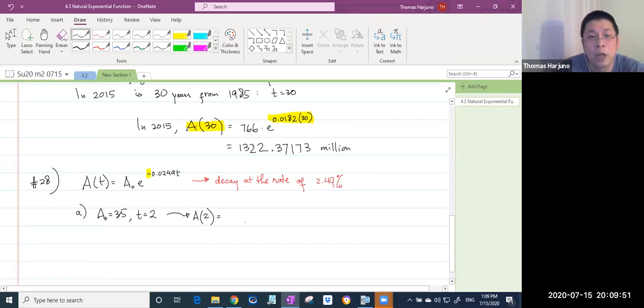Okay, so that will be A sub 0 is 35, e to the negative 0.0249 times 2. Then you use your calculator.